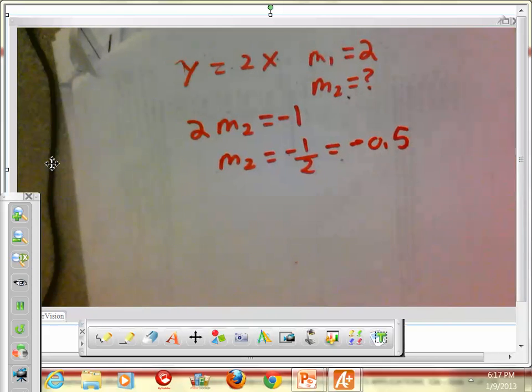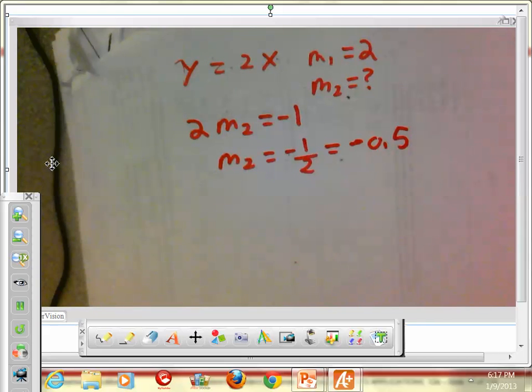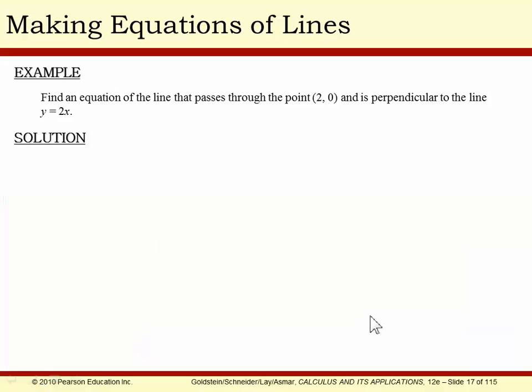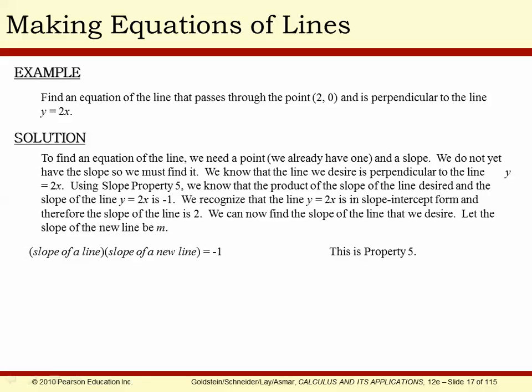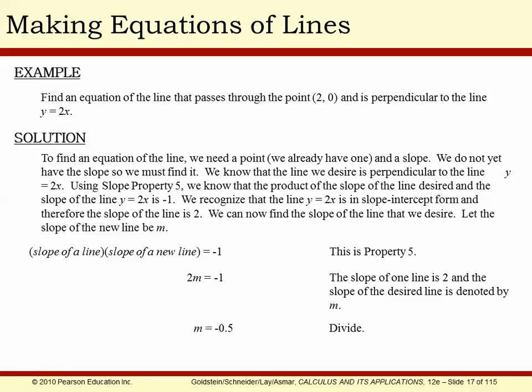All right? So now I have the slope of this line, and the question gives me a point on the line. So I can come back here, and then it's pretty simple. This is what we just did. We found that we're looking for a line perpendicular to this line that passes through this point. We just found that the slope of this line is equal to -0.5, and we have a point which is (2, 0).